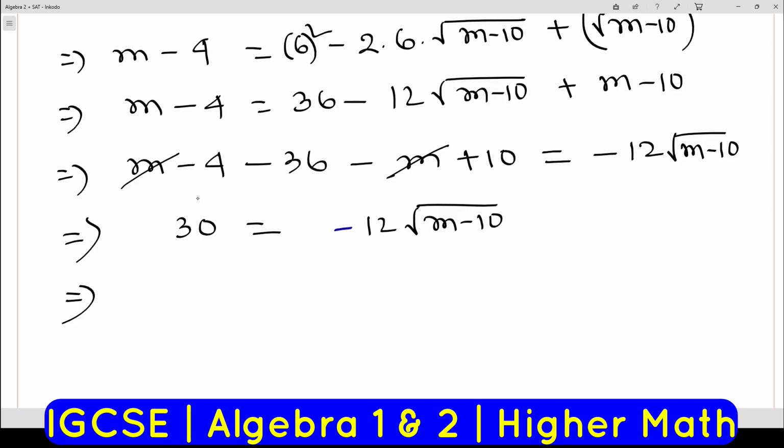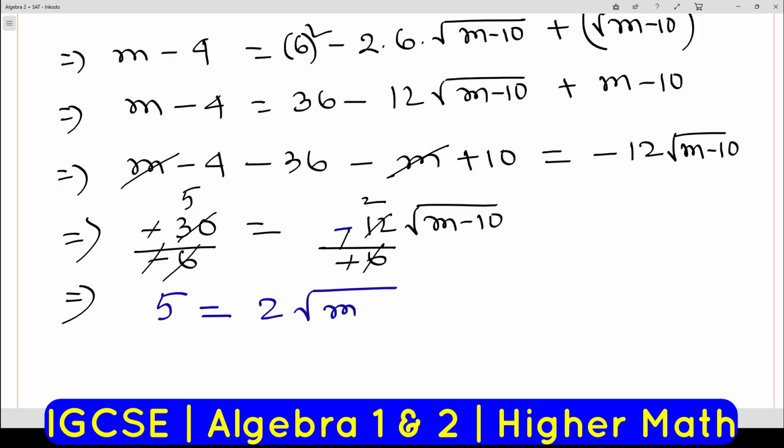So what we will get if we divide by minus 6, here is minus 6 divide minus 6. So minus and minus out, 30 divided by 6 is 5, minus and minus out, 12 divided by 6 is 2. So we can write here 5 equals 2 root over m minus 10.